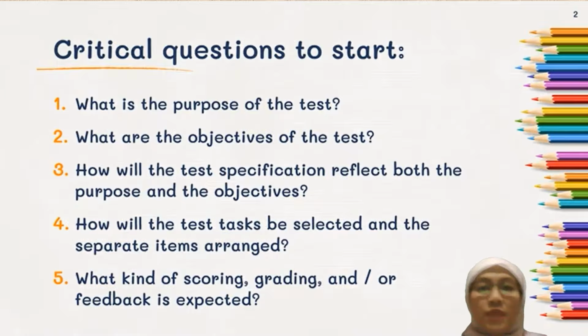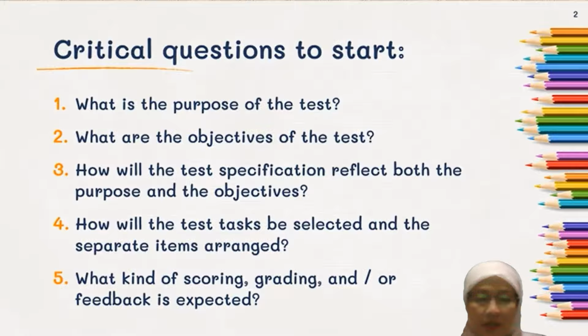How will the test specifications reflect both the purpose and the objective? To design or evaluate a test, you must make sure that the test has a structure that logically follows from the unit or lesson it's testing. The class objective should be present in the test through appropriate task types and with a logical sequence and variety of texts.